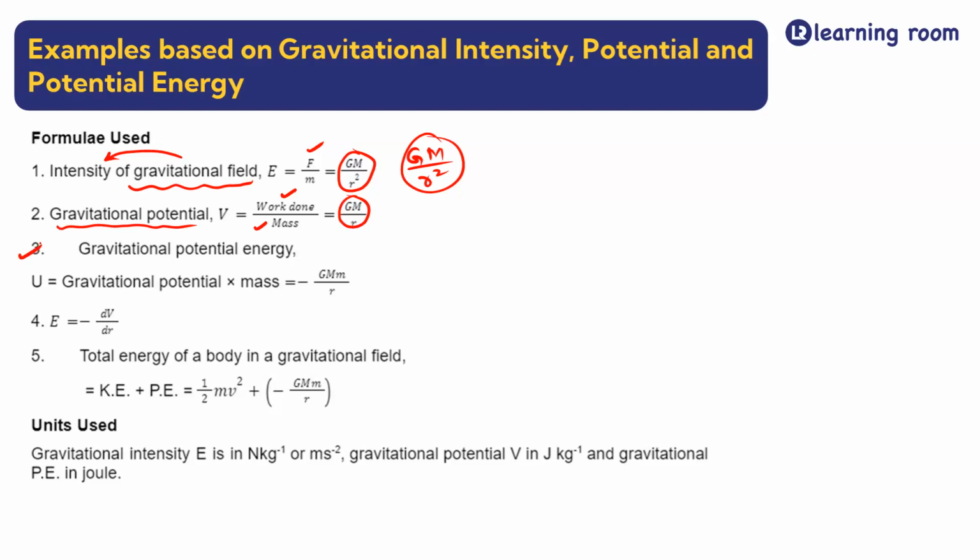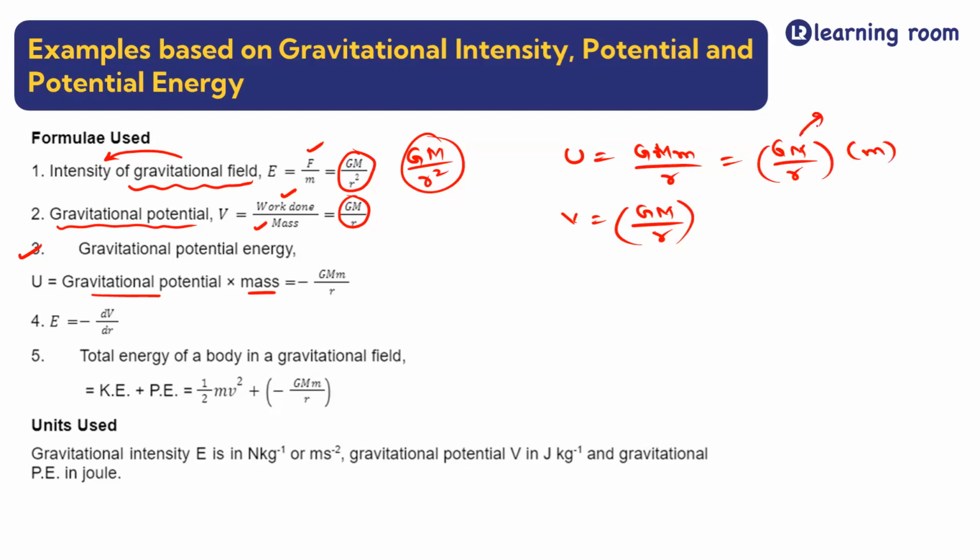Then we discussed gravitational potential energy. So what is gravitational potential energy? It is actually gravitational potential multiplied with mass. Why is it so? Because U is equal to G capital M into small m divided by R, whereas V is equal to G into capital M divided by R. So I can write this as G into capital M divided by R into small m.